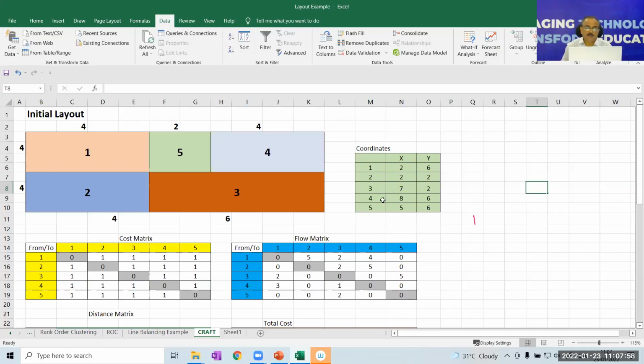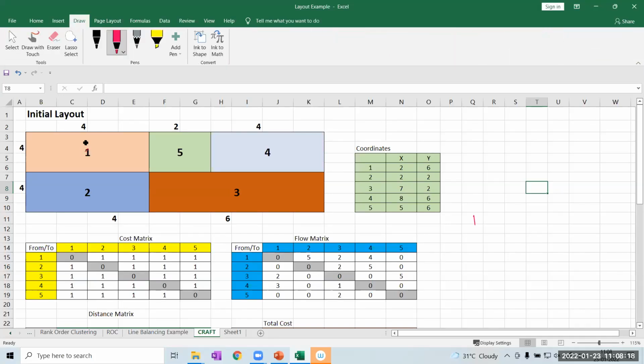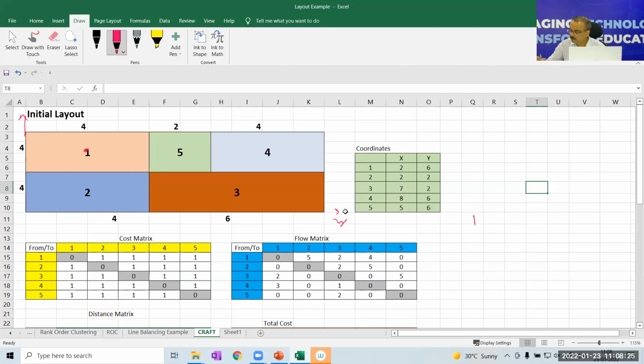For example, the coordinates of department 1. These are the centroidal coordinates, so whatever the center of this particular department is, we have to find its coordinates. For department 1, what will be its coordinate? Let's say here we have an axis, represented like here, X and Y, and here is the origin.